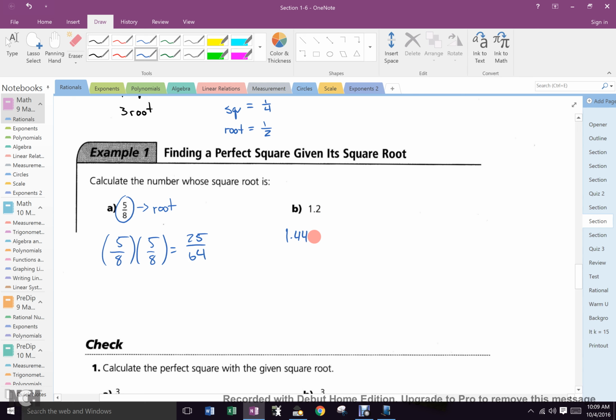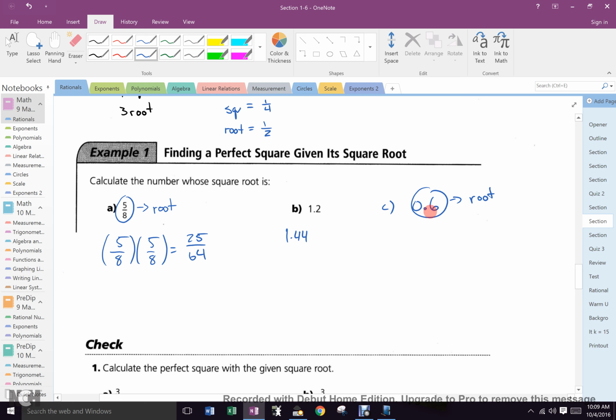So let's do a second one. What if I told you 0.6 is the root? So what do you do? TJ? Multiply it by itself.